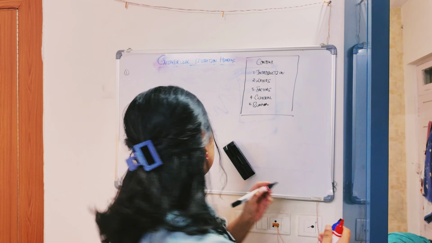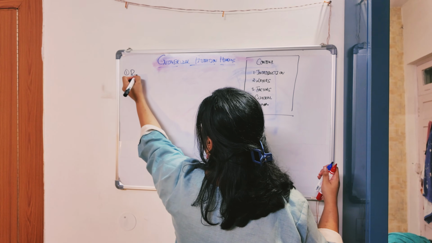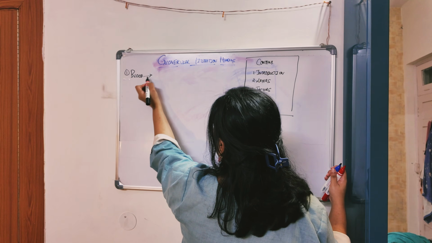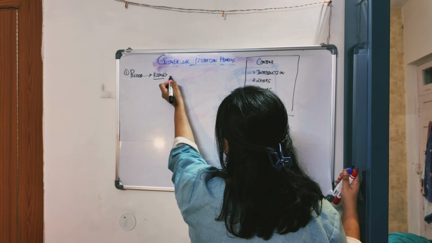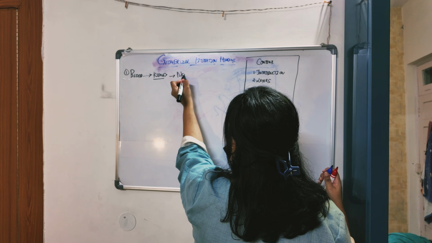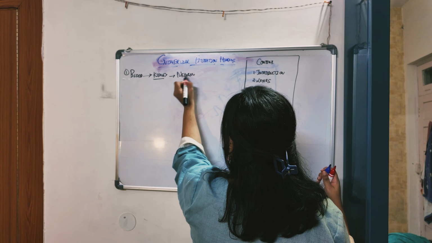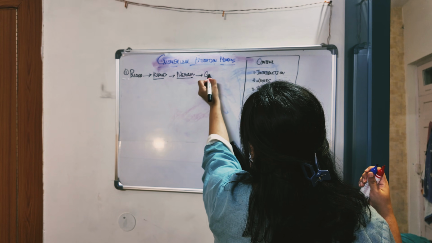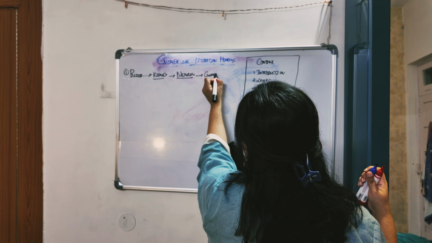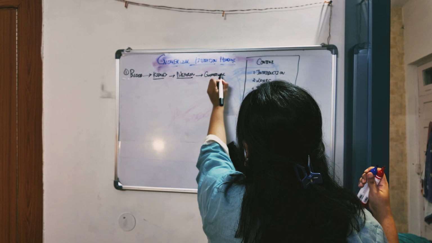A big job. So all the blood passes through the kidney. And what is the functional unit of the kidney? Nephron. This nephron has a glomerular membrane.